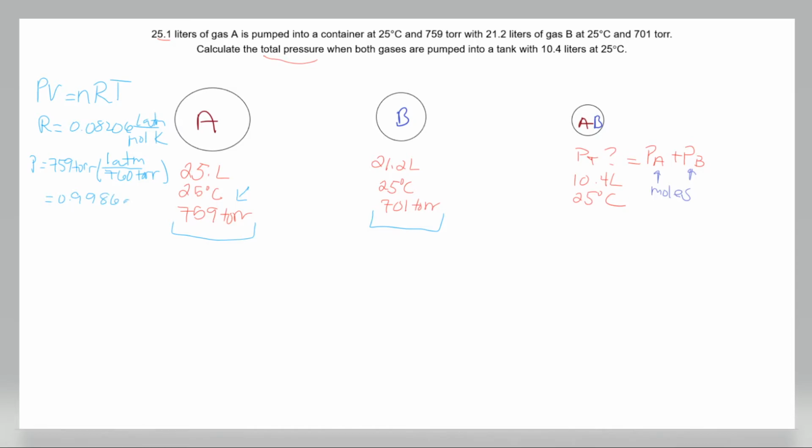We would technically round at the third decimal point because 759 has three sig figs. Okay, the temperature has to be in Kelvin because the gas constant is in Kelvin. So we have 25 C, and we add 273. So this is 298 Kelvin.